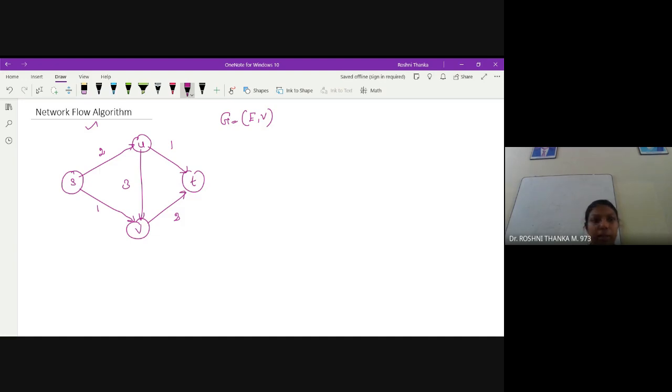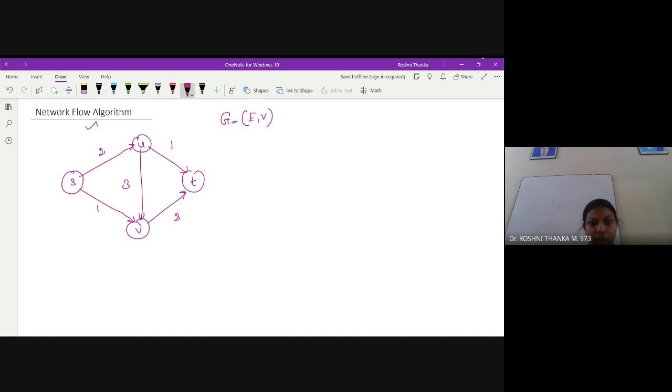So if I want to pass some data through this network, for example, 2 specifies how much data I can send from S to U. And 1 specifies how much data I can send from U to T. Or you can consider this path as a pipe.